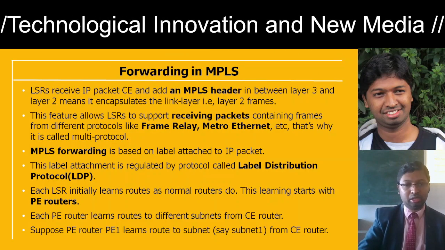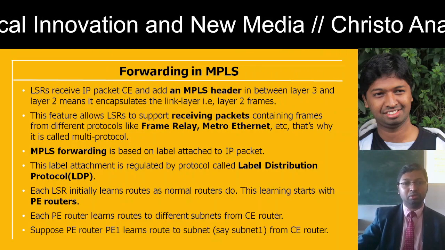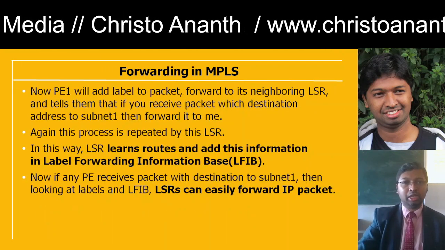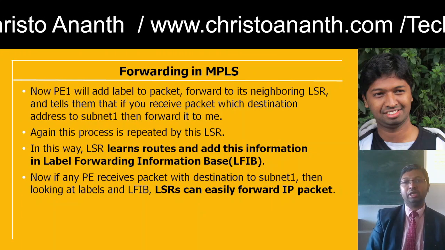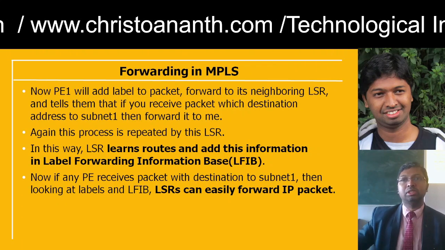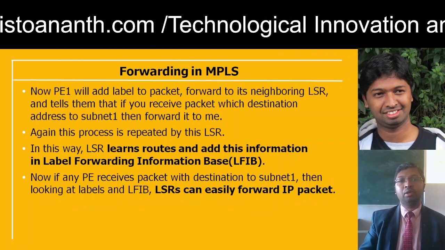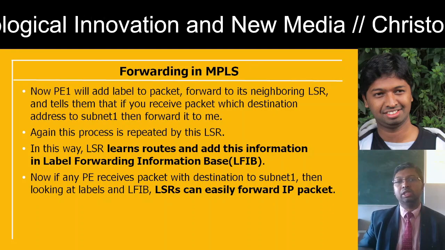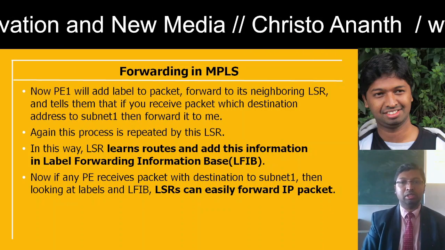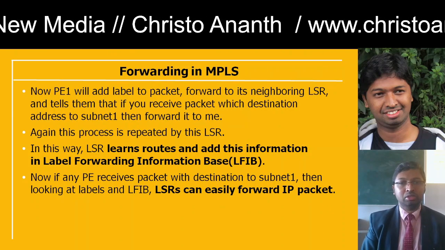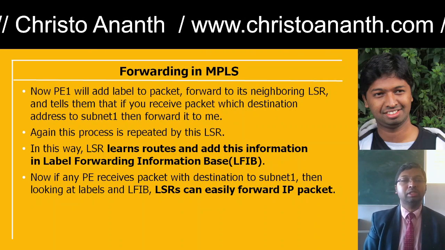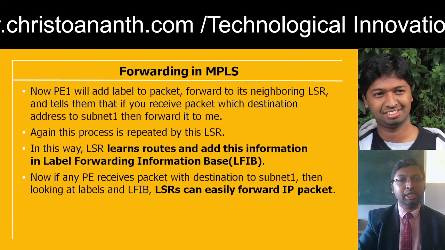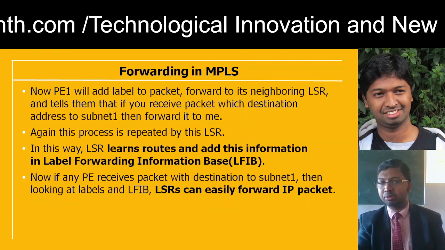Let us take the case where PE1 learns a route to the subnet from the CE router. Then it will add the label to the packet and forward it to its neighbor LSR, telling them that if you receive a packet whose destination address is subnet one, then forward it to the other ones. So the process is repeated, which means the LSR is going to learn the routes and add the information in the label forwarding information base.